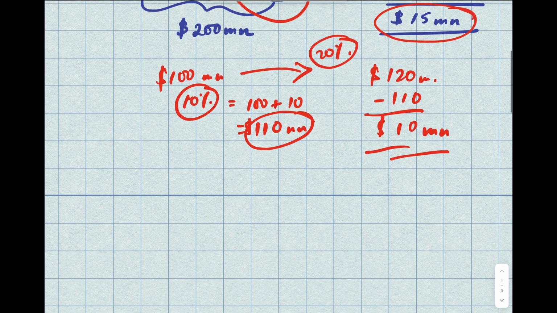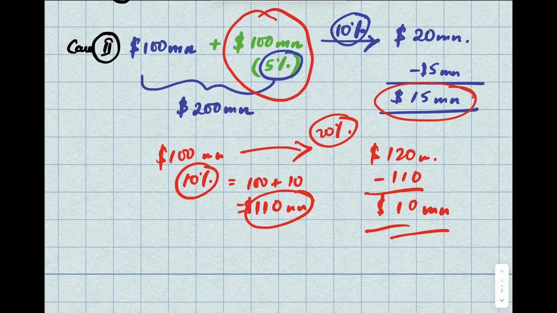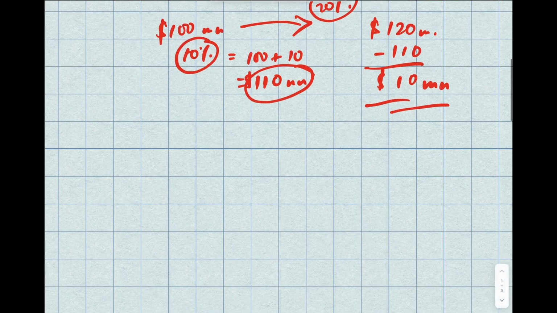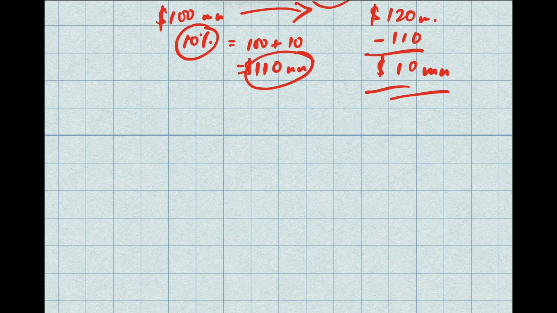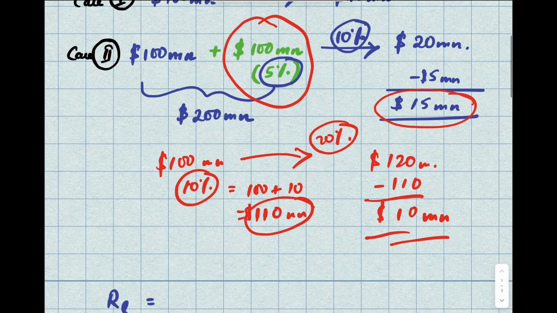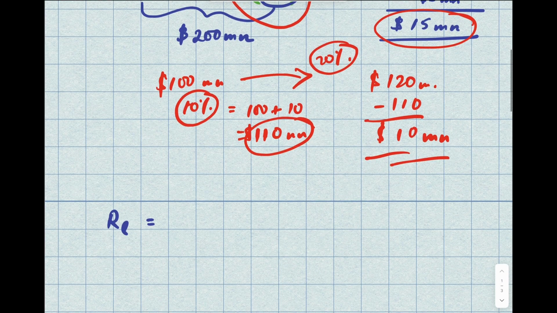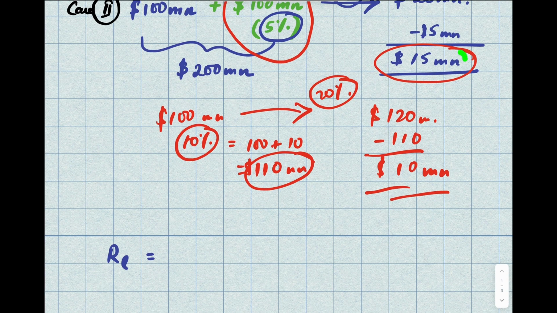So let's understand one more thing. Let's understand the leverage return. Okay, let's write it: RL, leverage return. So basically, you generated a profit of 15 million.